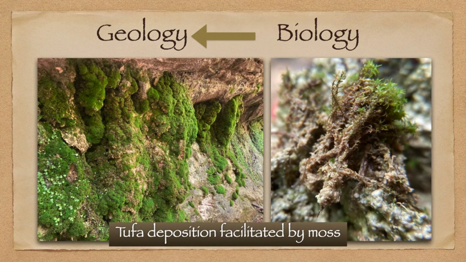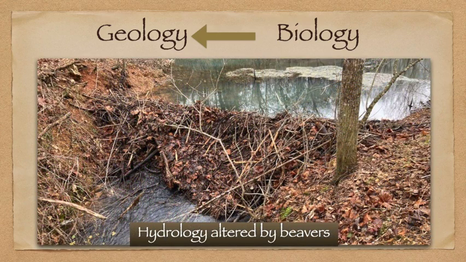In these photos at Graham Cave State Park, mosses are actually playing a role in calcium carbonate deposition in the form of tufa. So these mosses are basically facilitating the real-time formation of brand new rock, albeit at a pretty small scale. And let's not forget that beavers are really important ecosystem engineers.